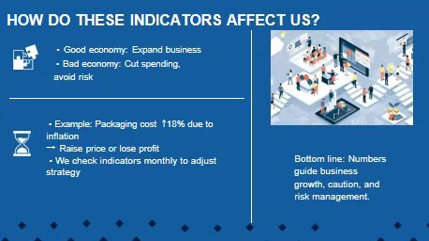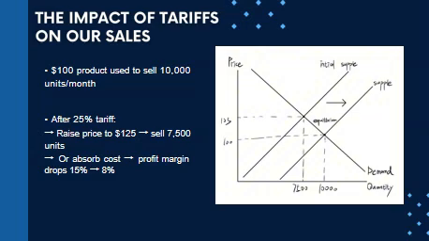Let me now turn to tariffs and trade wars. This is the recent tariff issue, which has been quite a headache. I will use a simple chart to show the impact. Look at this graph. The horizontal axis is quantity and the vertical axis is price. The solid supply curve shows the original situation.